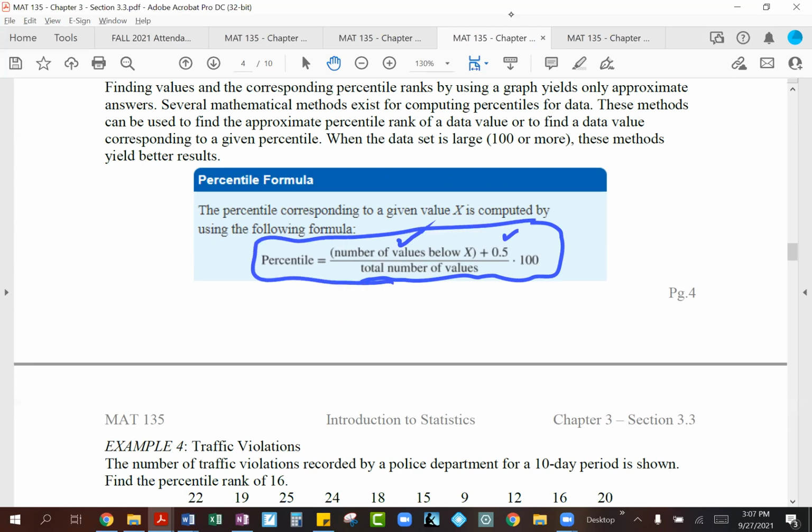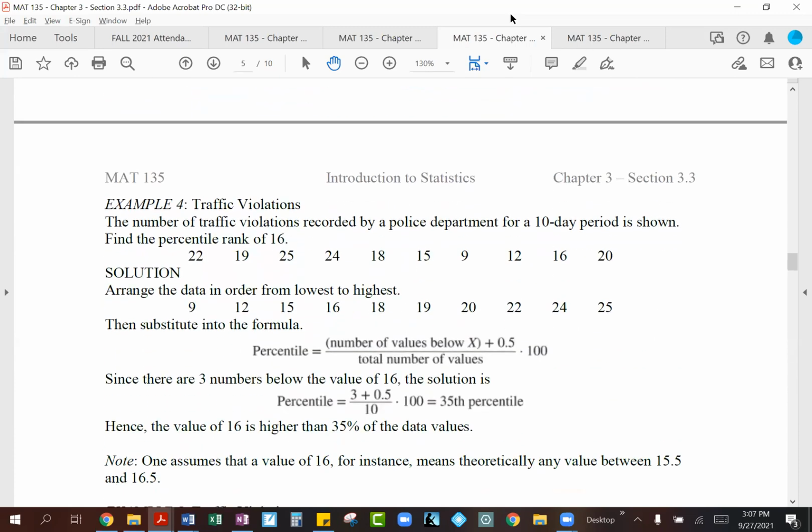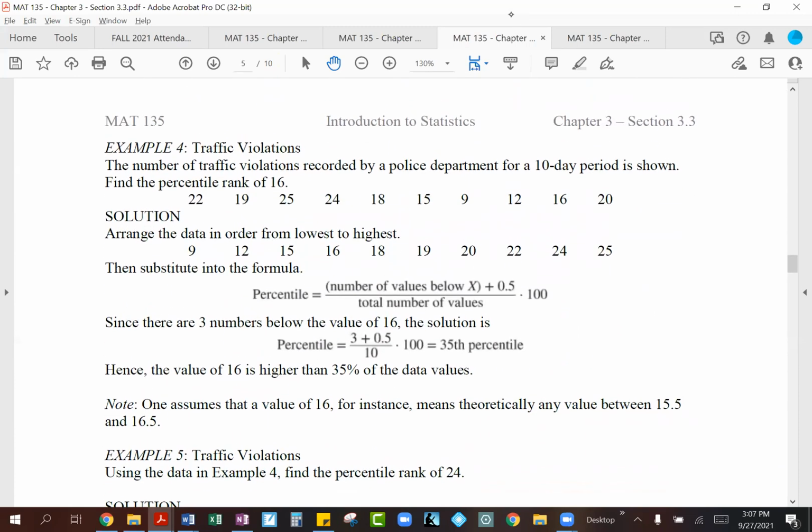We do want them to be whole numbers. So just to show you how that calculation works, they have a number of traffic violations here recorded over a 10-day period. So how many traffic violations happened on a given day? You start by putting them in order, and this is important because we want to know how many data values are below. So put your data in order.